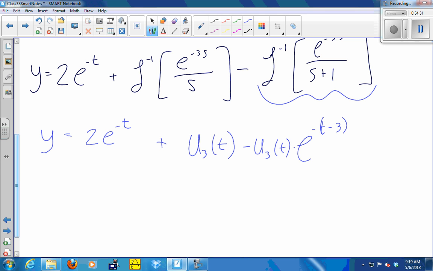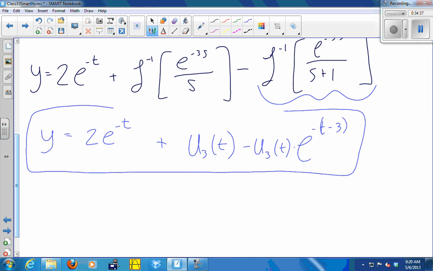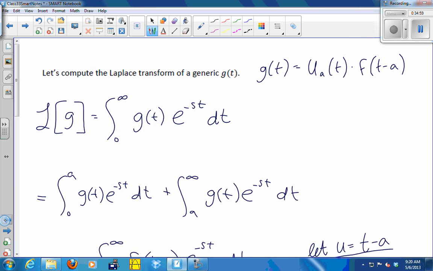Yeah. So there is my function. So when t is less than 3, all my u's turn off, right? All my u's are zeros, and I just have 2e to the negative t, which is a decreasing function, right? So let's go back to our slope field.